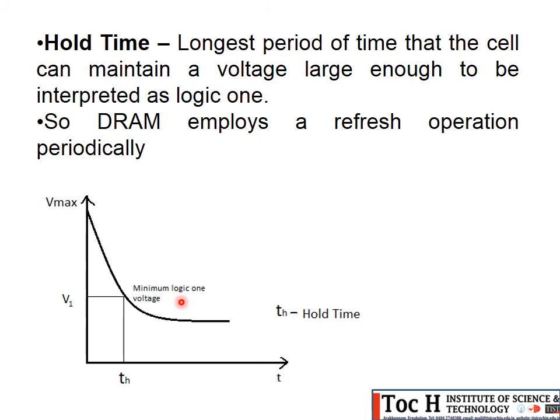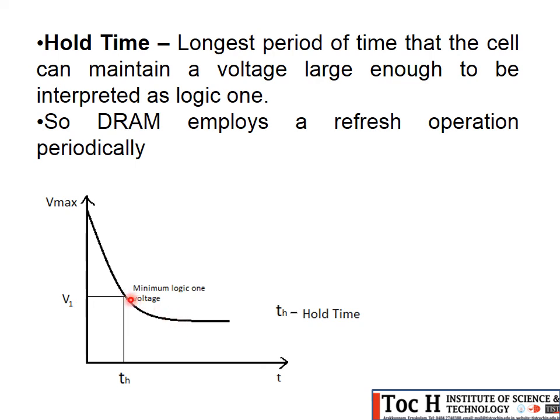Suppose the capacitor stores 1 and you are not doing the refreshing operation, eventually the charge stored in the capacitor gradually decays. There exists one hold time, and if you are not doing the refreshing before the hold time, then the value stored in the cell will be lost.